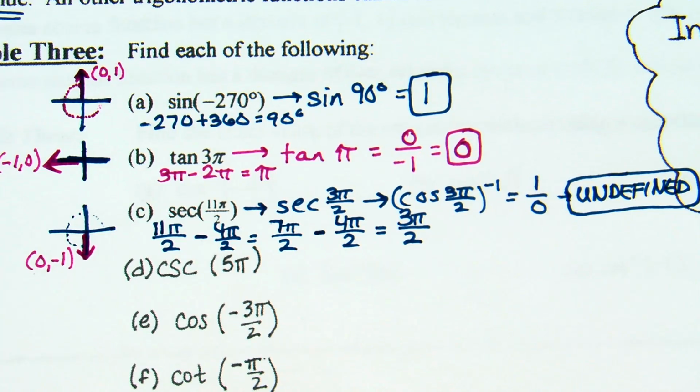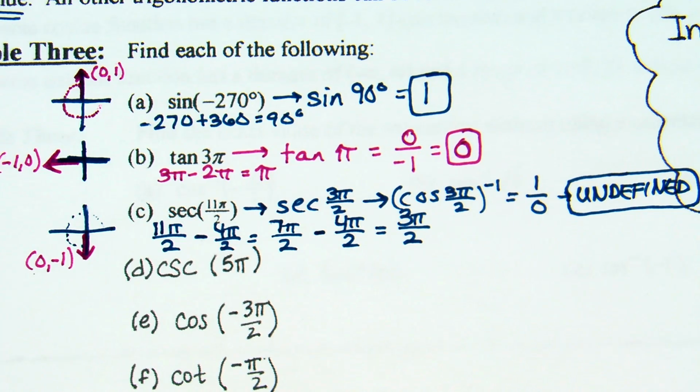You might like the next one better. Cosecant of 5 pi. Subtract 2 pi. You might remember, without doing any subtracting, where the odds always land. The odds are always going to land over at 1 pi, or 180. The evens are always going to land over at 2 pi or 0.